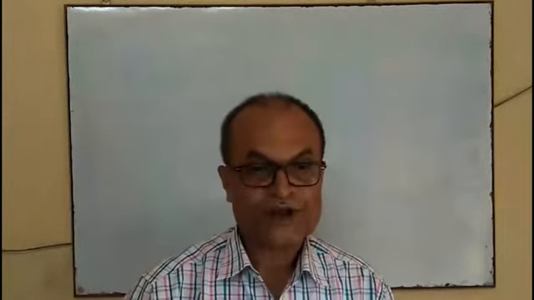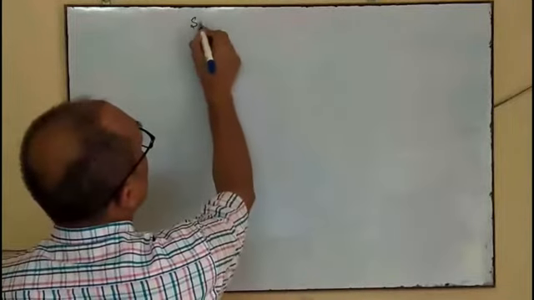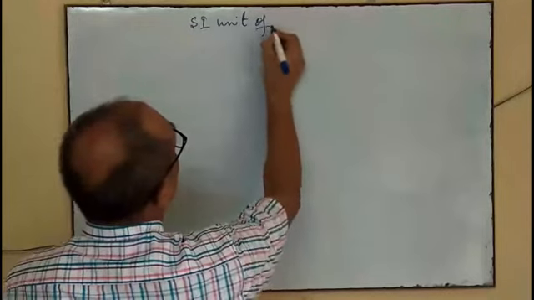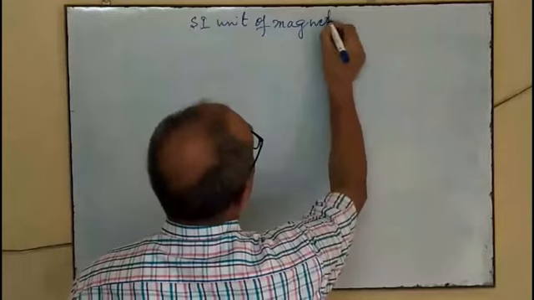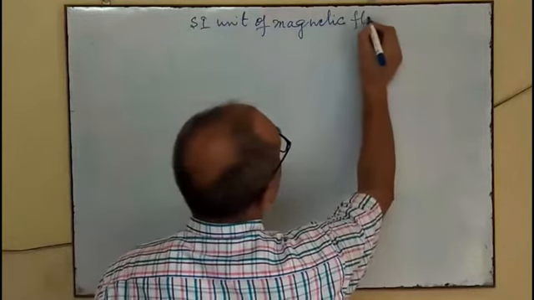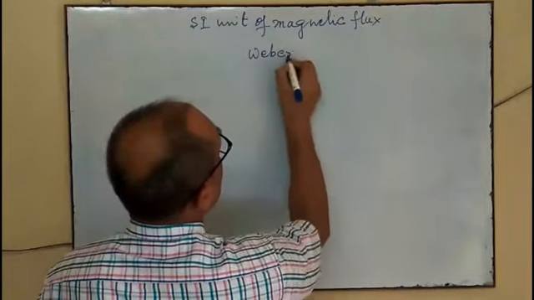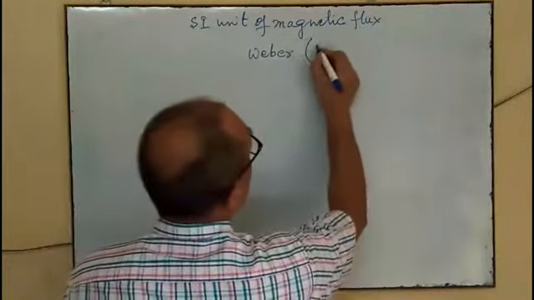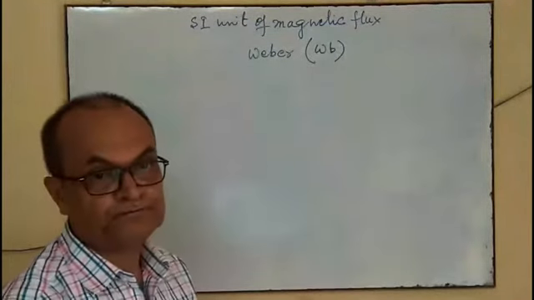Second, we are going to talk about the SI unit of magnetic flux. It is the Weber, abbreviated Wb.